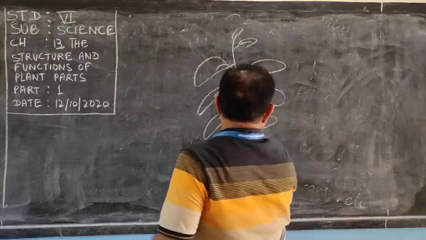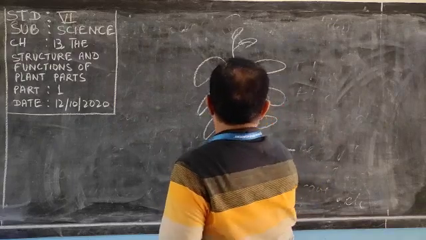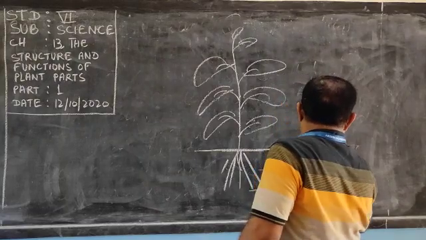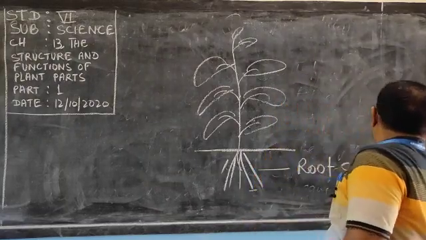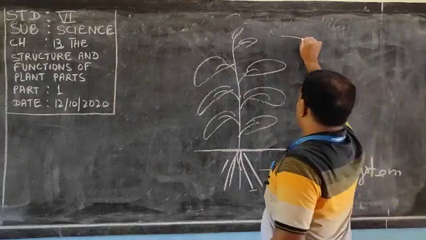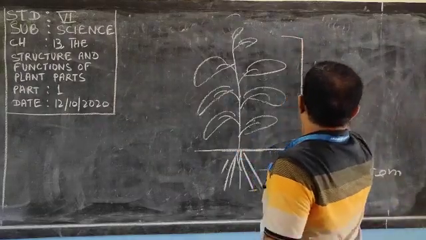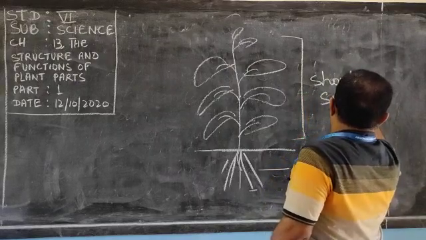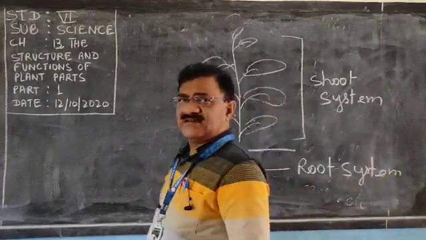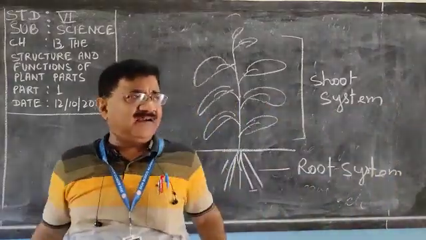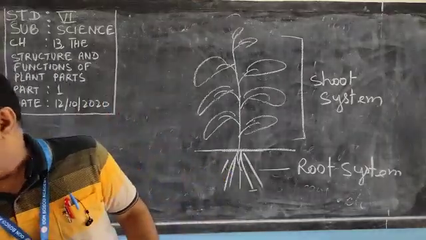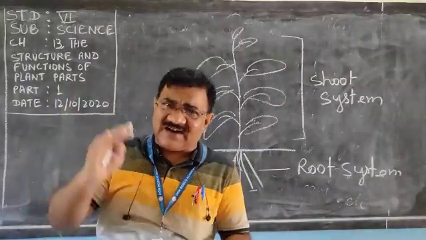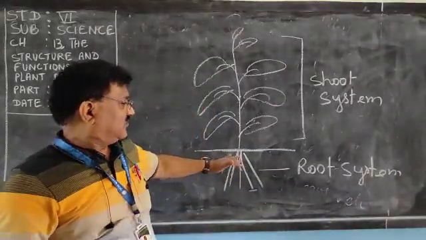The part of the plant which is under the ground forms the root system, and the part of the plant which is above the ground forms the shoot system.